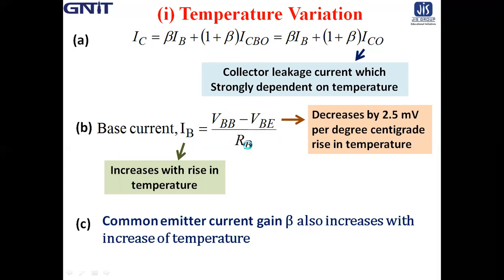But the base emitter voltage VBE decreases by 2.5 millivolt per degree centigrade rise in temperature. Therefore, IB increases with rise in temperature.